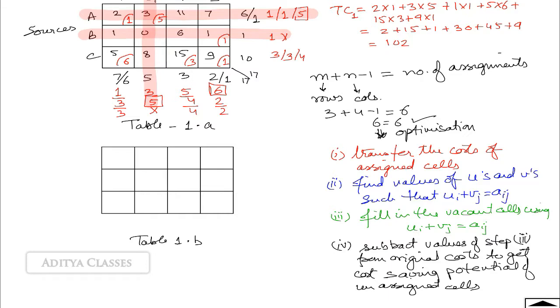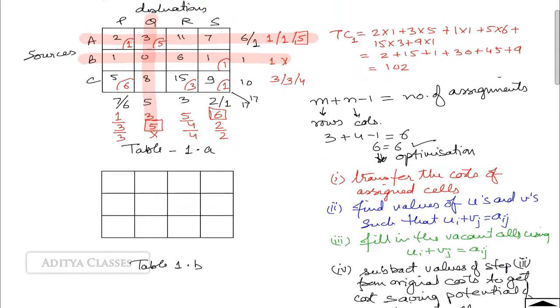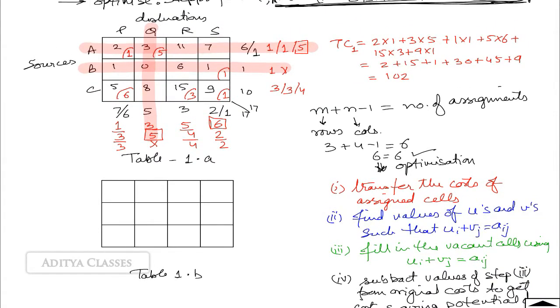So here are the steps. First step, let me select red pen for first step. Transfer the costs of assigned cells. Now if we have a look at this matrix, the assigned cells are, we'll use some color.